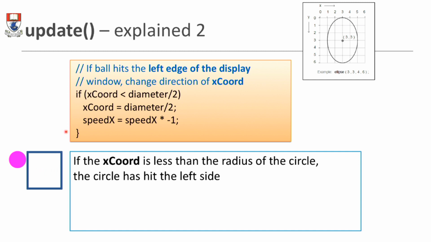So again, I might just do a little drawing here to help with this. If this box is our screen, this is 0, 0. This is the width, so the x is width and the y is 0 there.